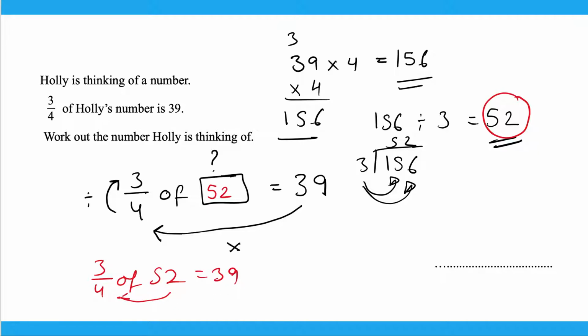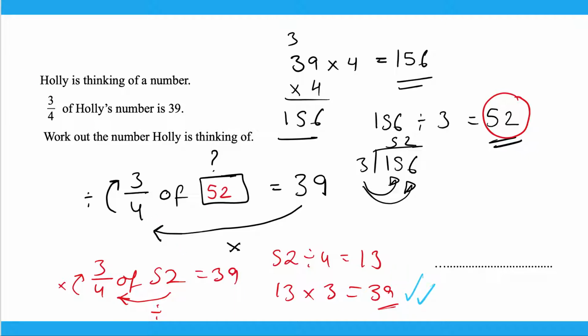We can just do the basics: divide and then multiply. 52 divided by 4 gets us 13, and then 13 multiplied by 3 gets us 39. So we know that our answer is indeed correct. Our answer is 52.